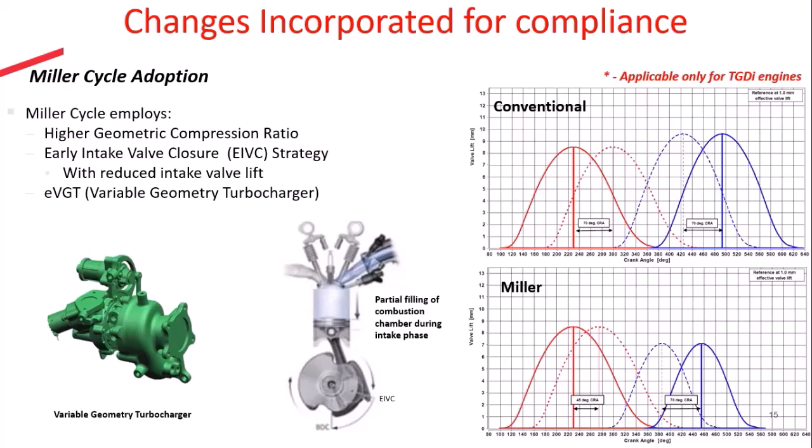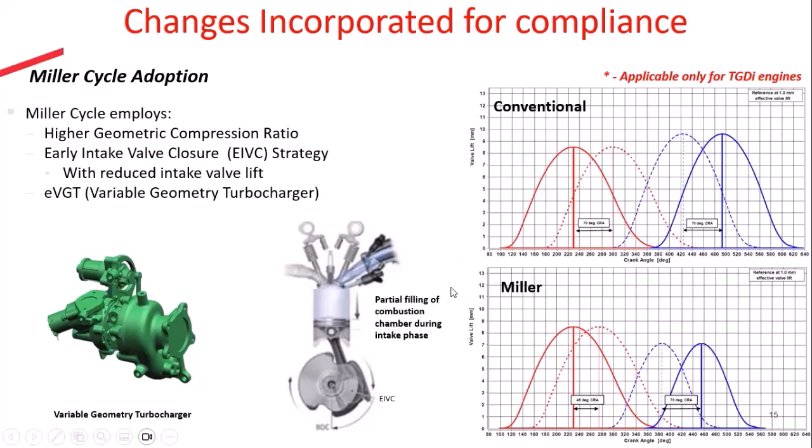The y-axis has to do with your valve lift, which is denoted in millimeters. Now you have two colors over here, red and blue. If the curve is red, it is the valve lift for the exhaust valve, and the blue is the valve lift for the intake valve.